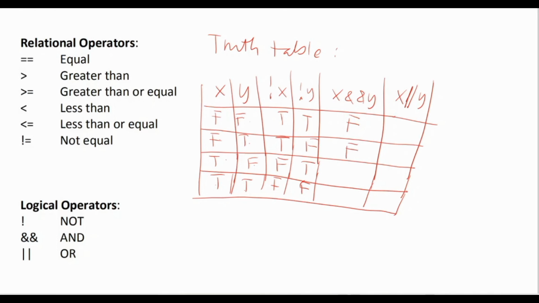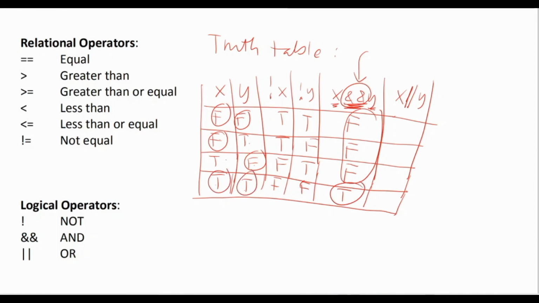True and false is false. And true and true is true. So again, for the AND operator, if at least one operand, either x or y or both, is false, then the result is false. The only time that the AND operator returns true is when all the operands are true.